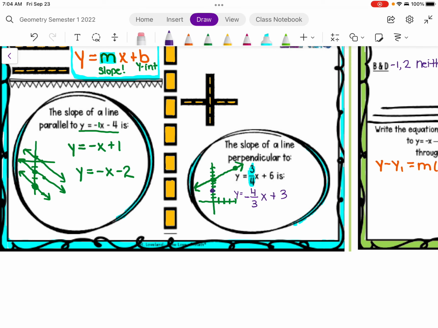That means I go up 3 here, then I go down 4, so 1, 2, 3, 4, and over 3. Now, my graph is not proportional, so that doesn't look perpendicular at all, but if you go on Desmos and graph this line and this line, you should see that they make a 90-degree angle.